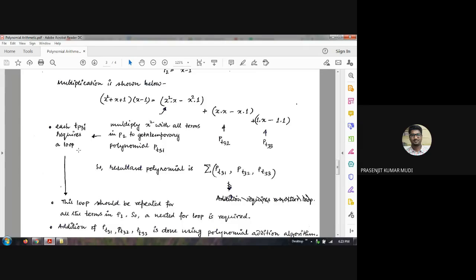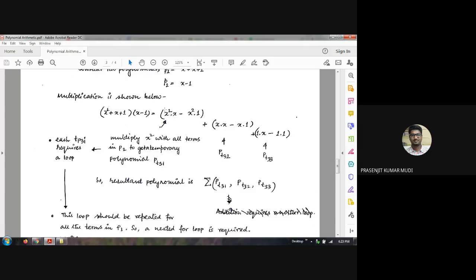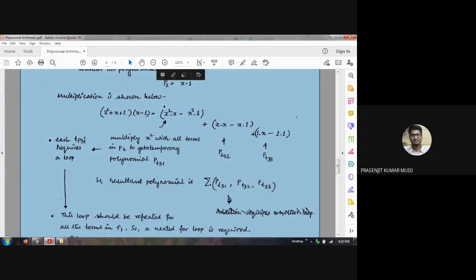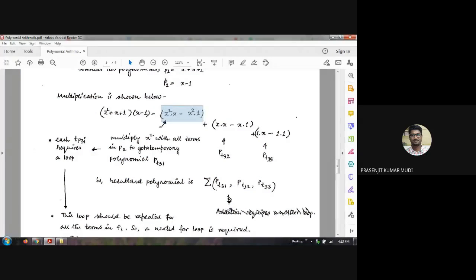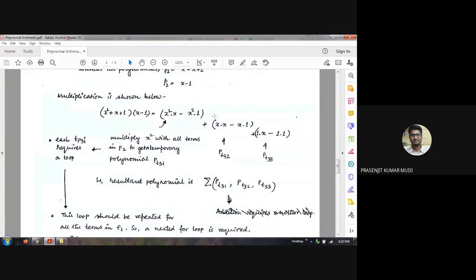Repeated multiplication you have to perform. This loop should be repeated for all the terms in P1, so the loops are nested. This is one loop; using a single loop, you can construct one term. How many such temporary polynomials do you have to compute? 1, 2, 3. So 3 times, right?